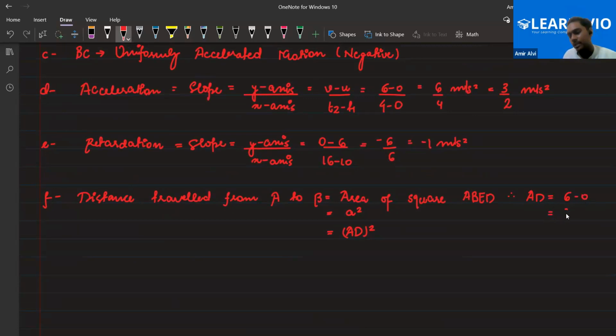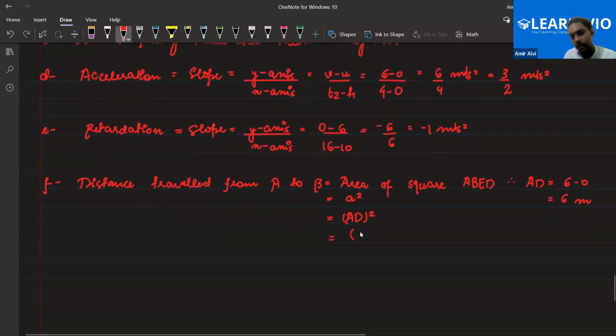That is coming out to be 6 meter per second. ठीक है? 6 unit ले लेते हैं. 6 meter. So AD is 6 square. So it is coming out to be 36 meter.